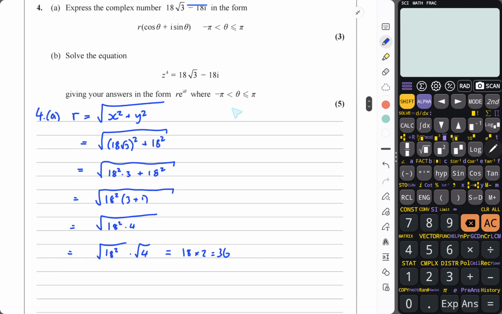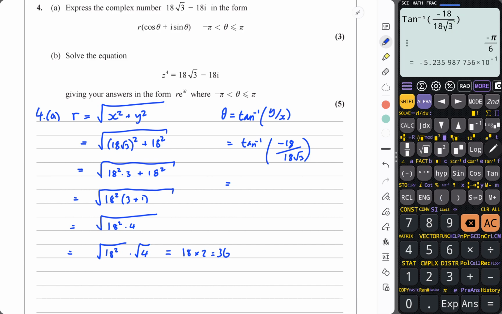So that's our value for r, and then to get our value for theta, it is arctan of y over x, imaginary part over real part, tan to the minus 1. y is minus 18, and the real part is 18 root 3. So we do shift tan of minus 18 over 18 root 3.